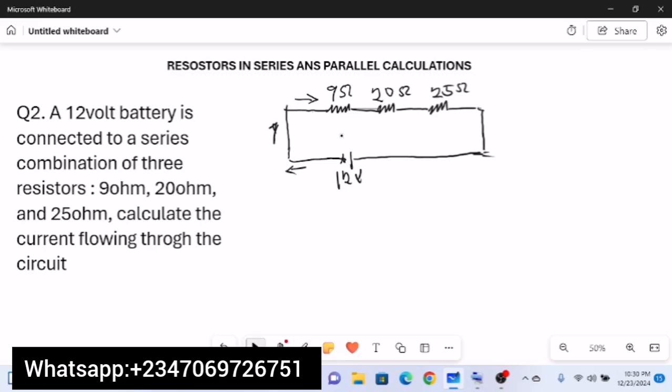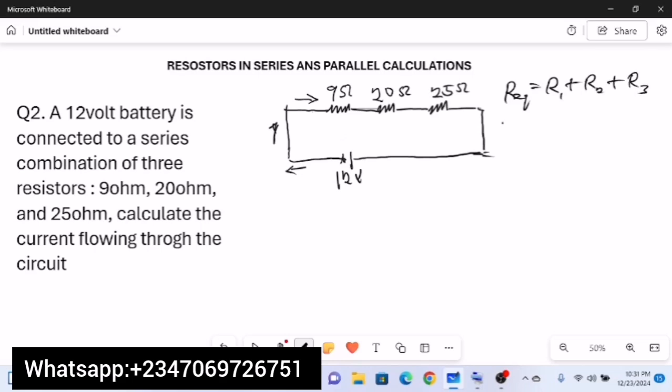Now when you have a question in this manner, the first thing you do is to find the equivalent resistance of the 3 resistors connected in series. So for these 3 resistors, remember, R equivalent becomes what? The sum of the 3 resistors. So R1 plus R2 plus R3.